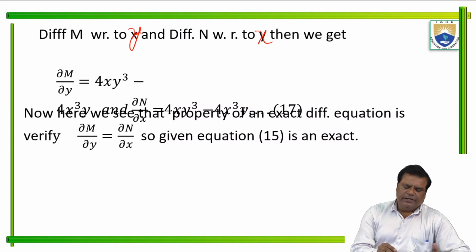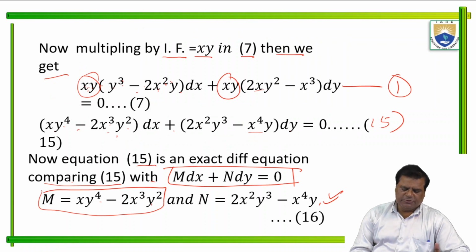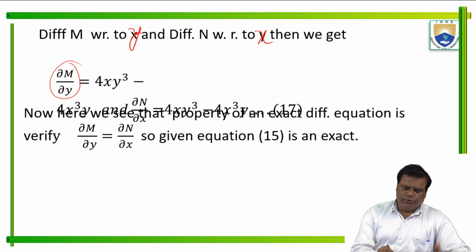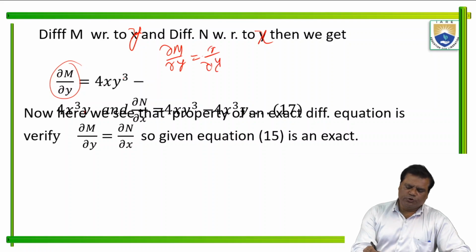Then del M over del y: differentiating this with respect to y, y to the power 4 gives 4y cube, so 4xy cube, and differentiating y square gives 2y, so 4x cube y. So del M over del y equals 4xy cube minus 4x cube y. I am solving this question.